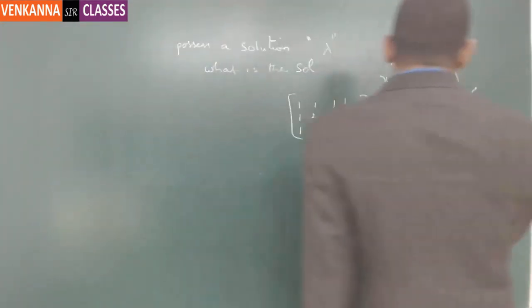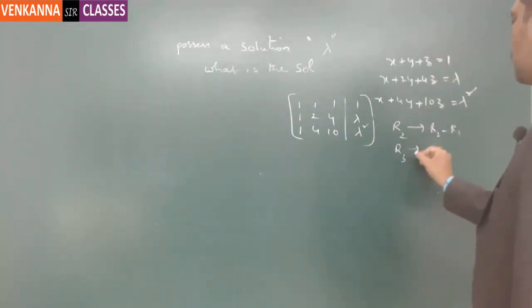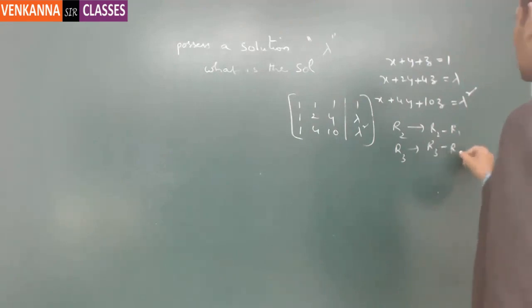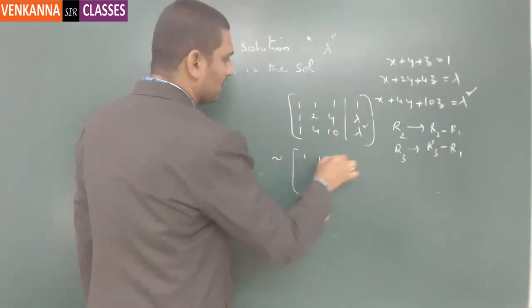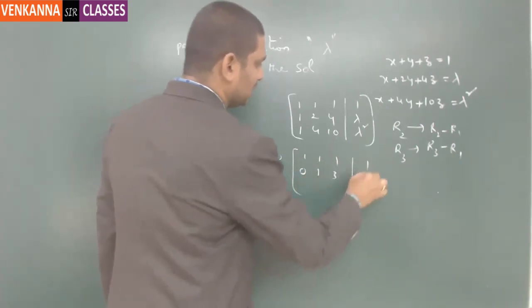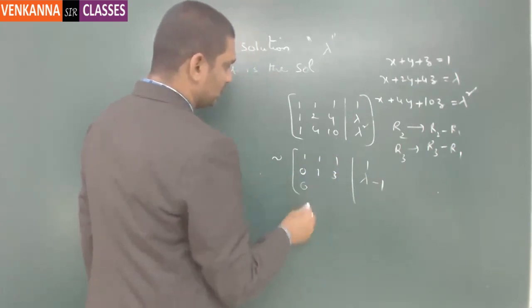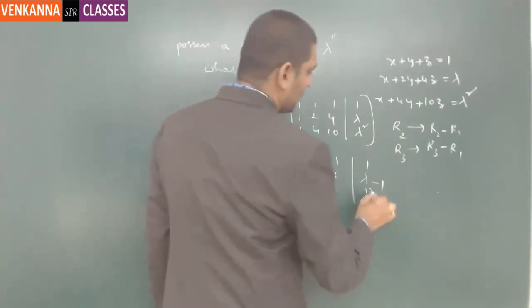We will do R2 tends to R2 minus R1 and R3 tends to R3 minus R1. Then it will be equivalent to 1, 1, 1, 1, 0, 1, 3, lambda minus 1, 0, 3, 9, lambda square minus 1.